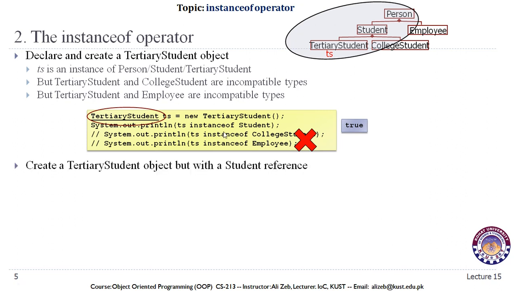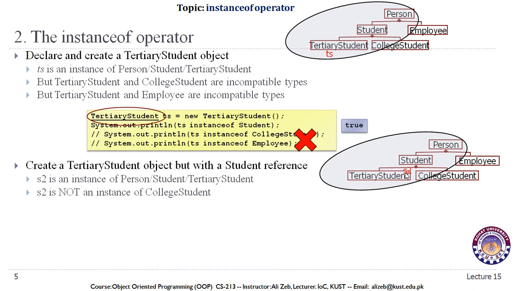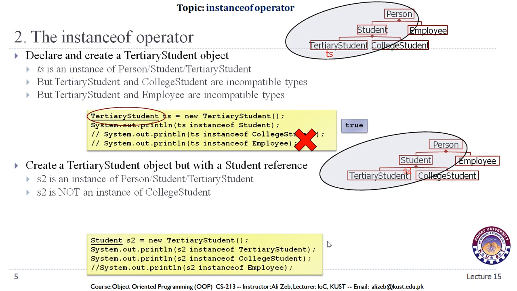Again, let's further extend the example. Create a TertiaryStudent object but with the Student reference. Now what should happen is we should be able to compare this S2 object with the CollegeStudent, but we cannot compare S2 with the Employee class.